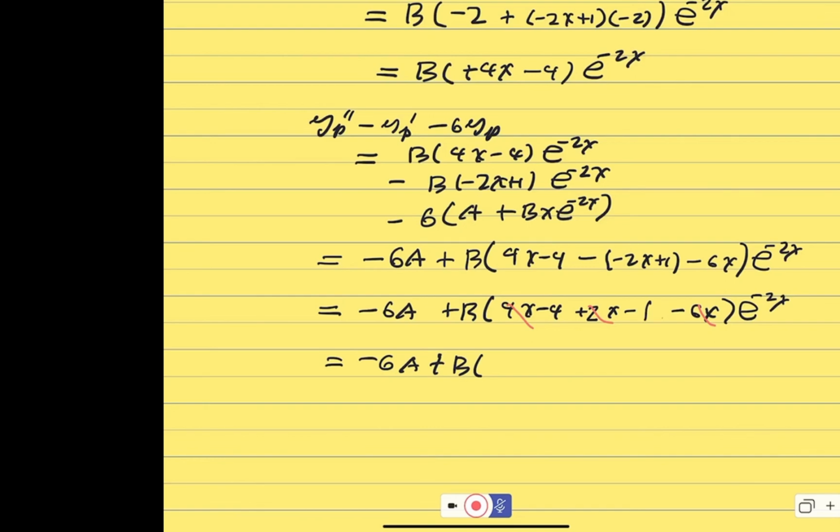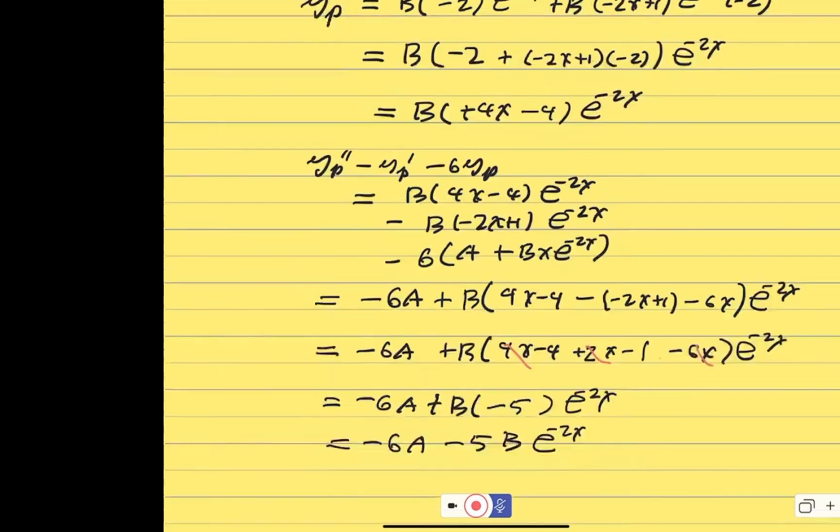All right, that's that, which leaves us with a minus 5, and then e to the minus 2x. So we end up with minus 6a minus 5b e to the minus 2x.